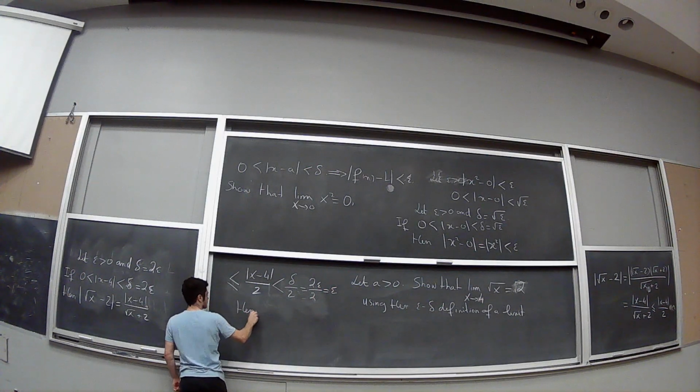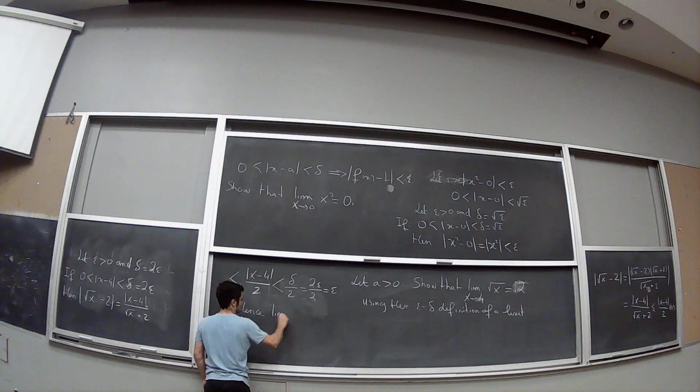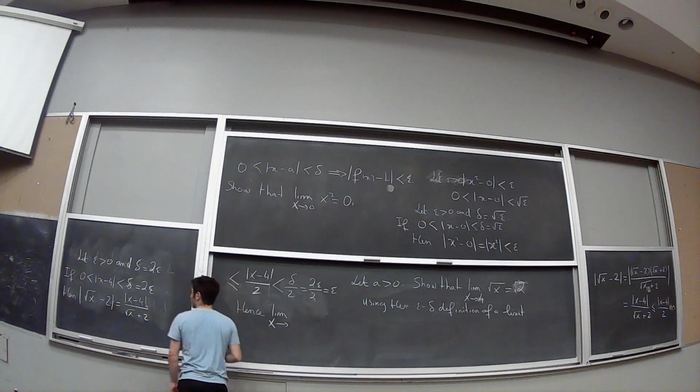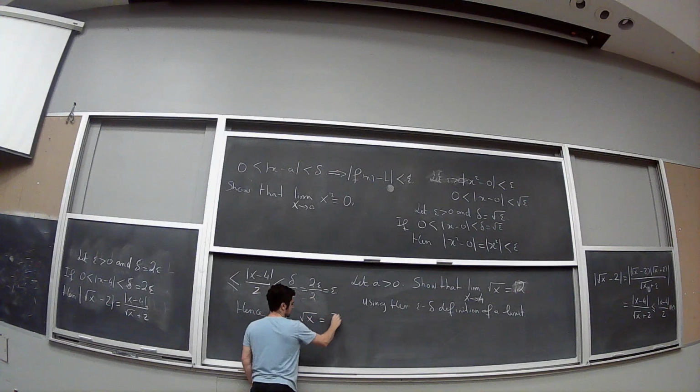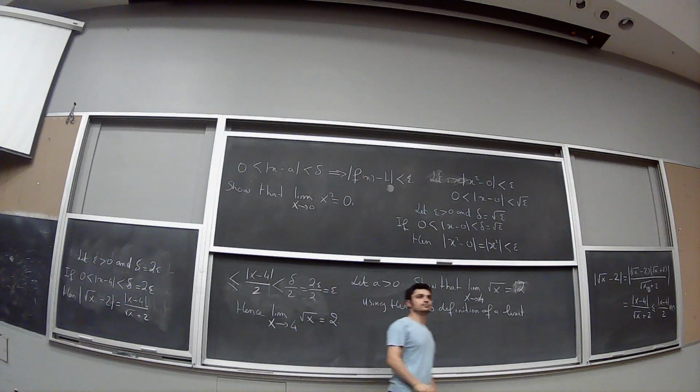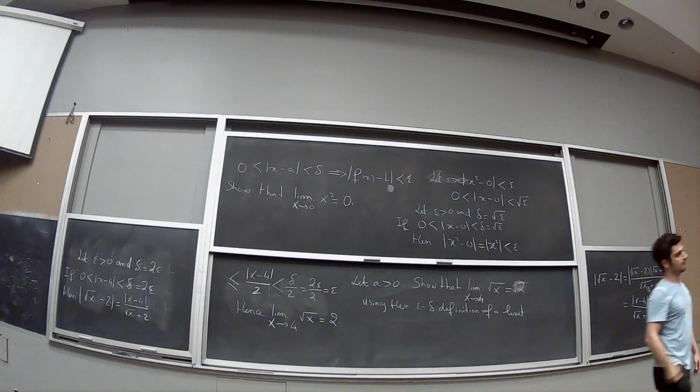Hence, the limit as x approaches 4 of root x is equal to 2. Okay? Great.